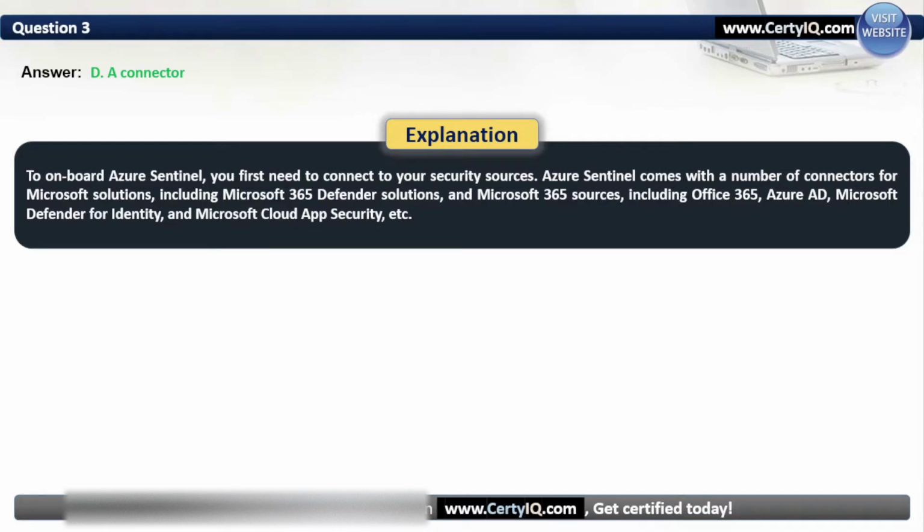Azure Sentinel comes with a number of connectors for Microsoft solutions, including Microsoft 365 Defender solutions and Microsoft 365 sources, including Office 365, Azure AD, Microsoft Defender for Identity, and Microsoft Cloud App Security, etc.